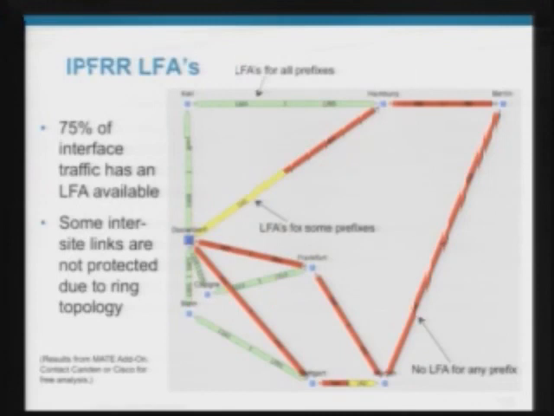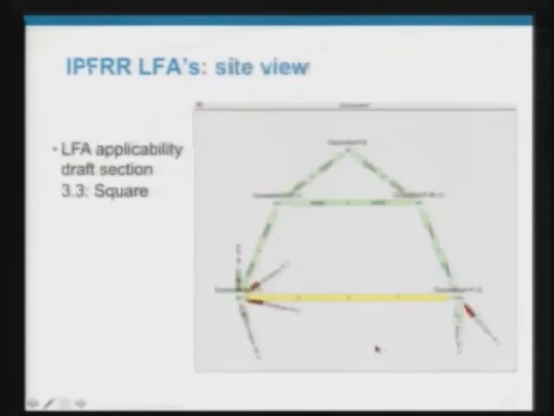You can use one of the add-ons, many of these exist, to look at how much LFA coverage you have. And you notice that indeed in the core, there's a lot of places where you do not have LFA coverage. But in the edge, you do.